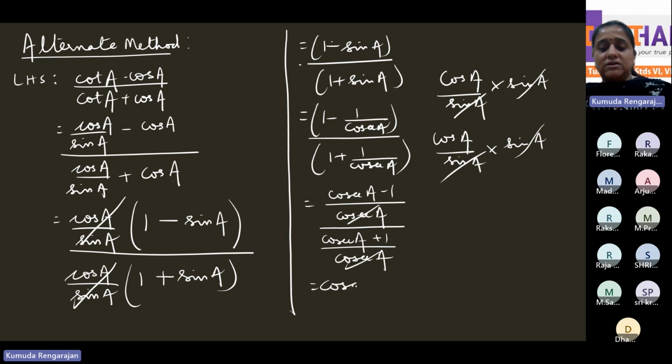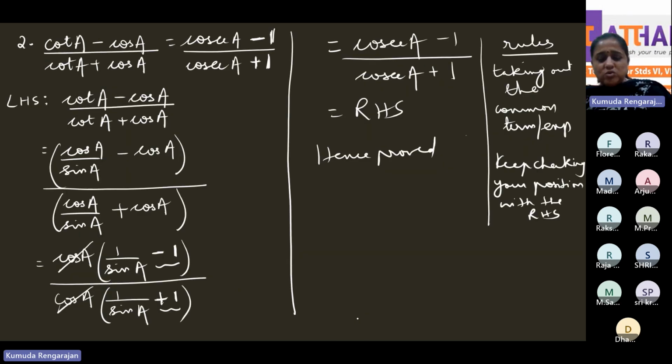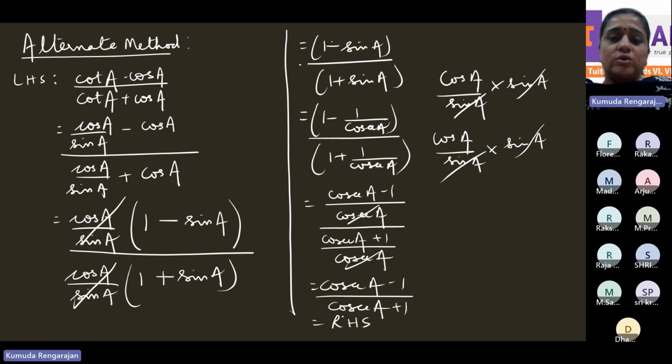So we have cosecant A minus 1 by cosecant A plus 1, which is the RHS. So you can see that a few more steps are needed. That's what I told the class, in fact. You can do it, but sometimes it will take a few more steps. That's all, but you'll get it.